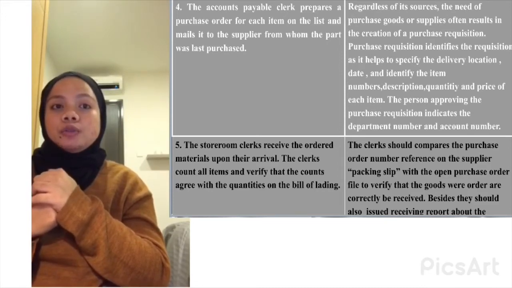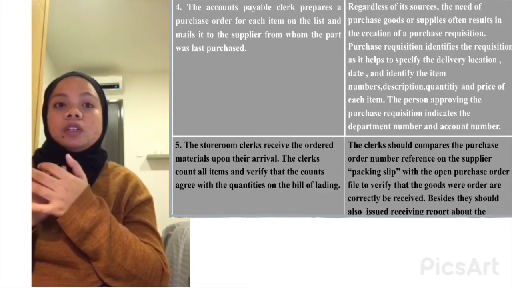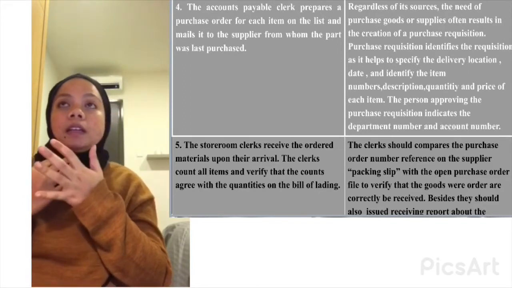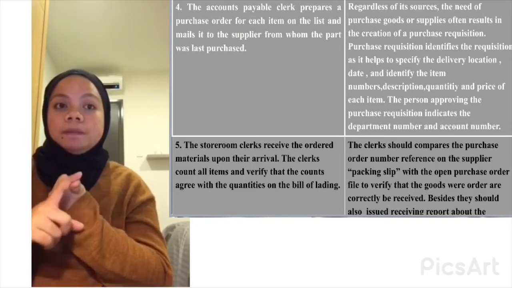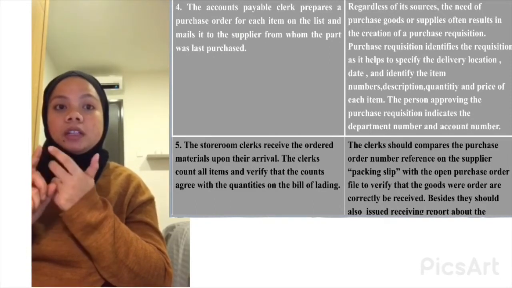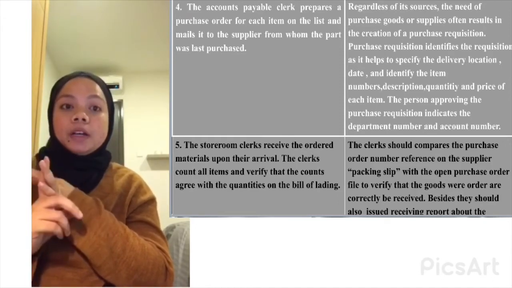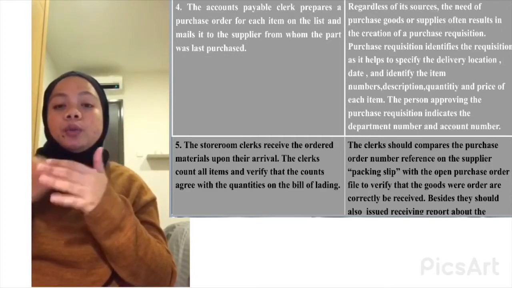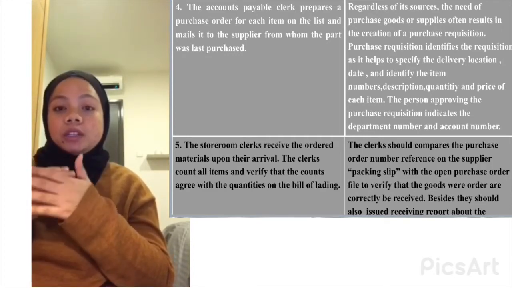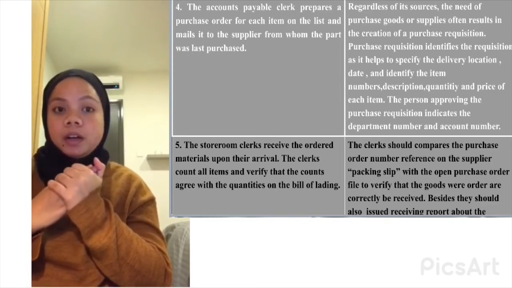The purchase requisition helps to specify the delivery location and date, and it helps to identify the item number, description, quantity, and price of each item. The person who approves the purchase requisition will indicate the department number and account number.